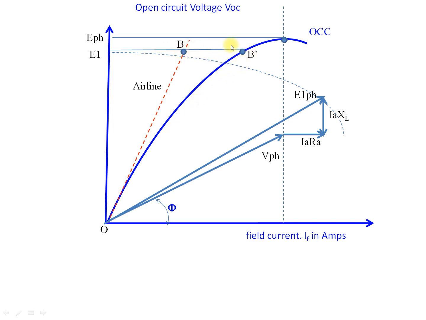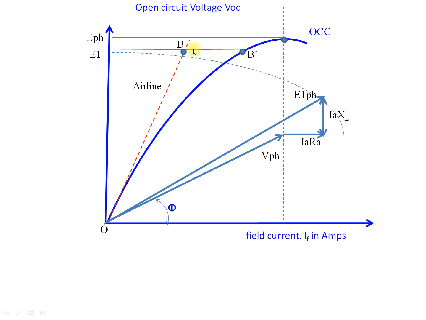From this we can find out the gap between the saturated point and the unsaturated point, because the air gap line gives the unsaturated point and this point gives the saturated point. This value will be giving the field current which is required to saturate the device.